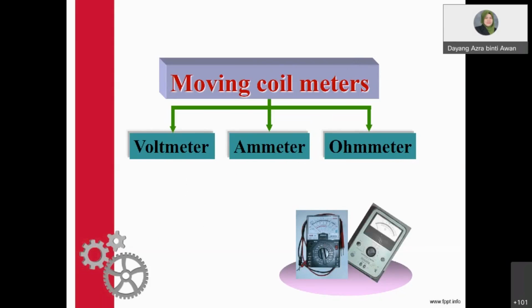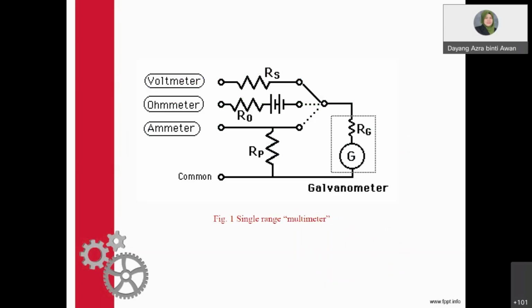The voltmeter only measures the voltage, the ammeter only measures the current, and the ohmmeter only measures the resistance. So instead of individual designs, we put them in a single multirange meter and control it by using a galvanometer and also the resistance of the galvanometer. We call it a multimeter.